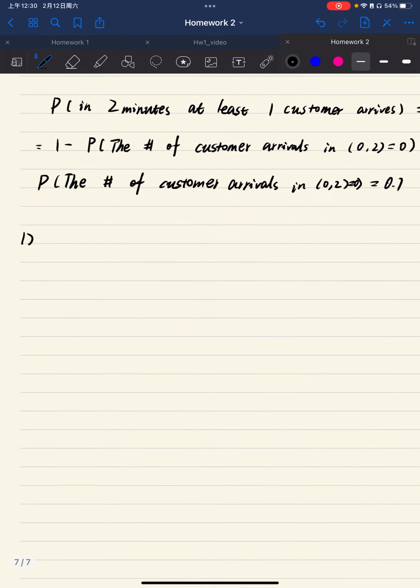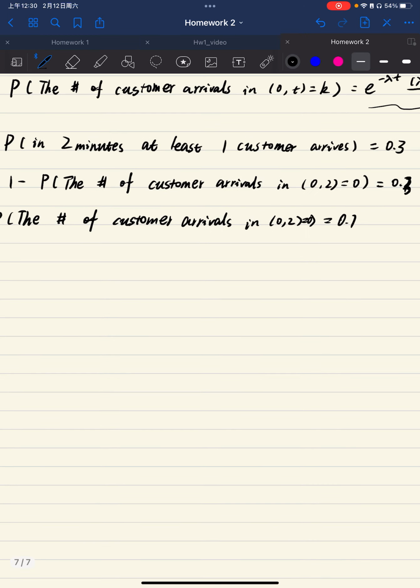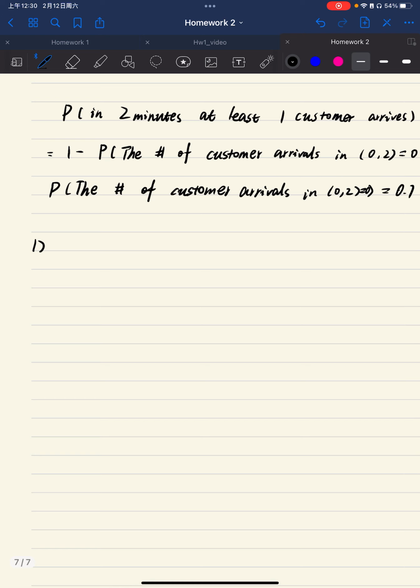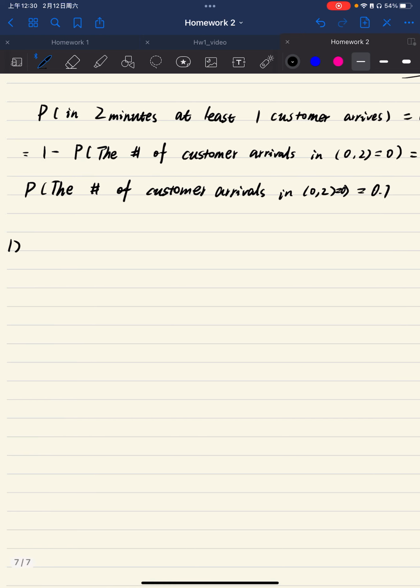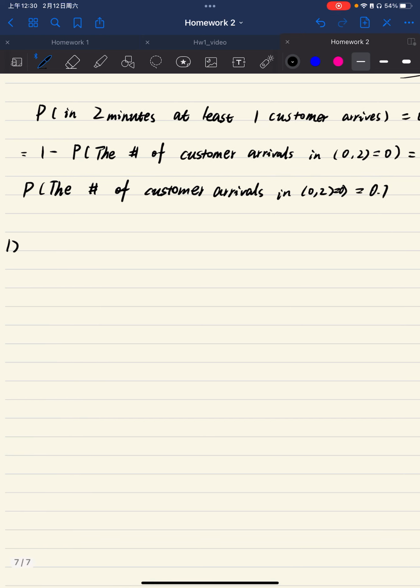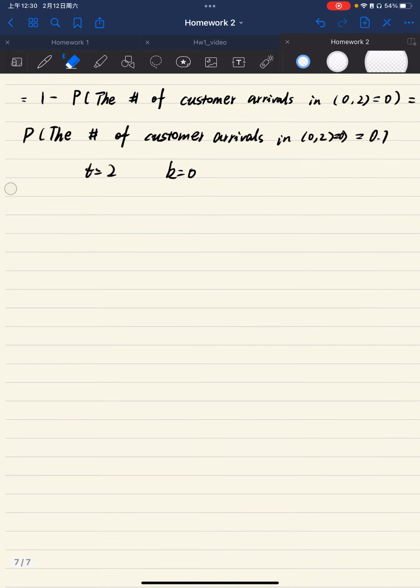Now we have, given the condition that the number of customer arrivals in 2 minutes equals 0 with probability 0.7, time t equals 2 and k equals 0.